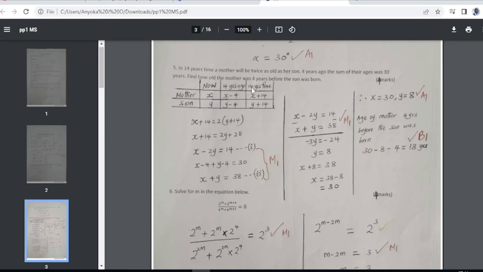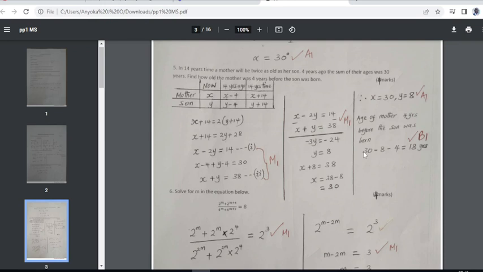So what is the age of the mother 4 years before the son was born? So how many years are we subtracting here? First, we subtract the age of the son, which is 8.